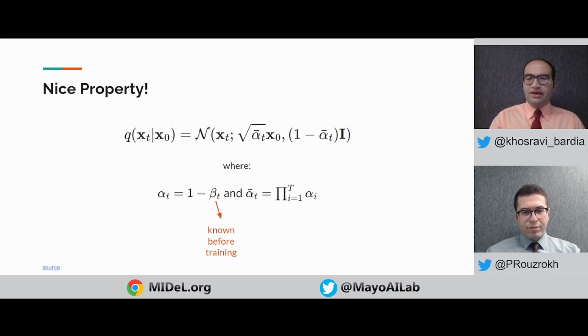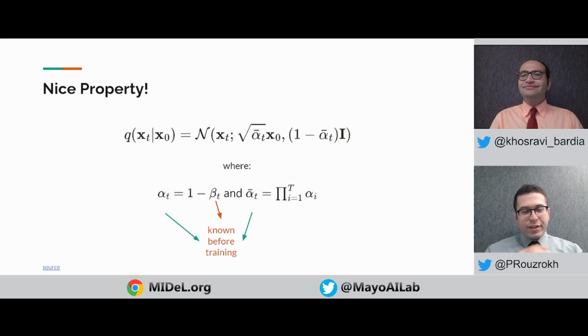So we have beta at the beginning of the training, we derive alpha from it, and alpha hat, and then we can create that image at step t. This is just some calculations. I don't want to imply that this is very easy to do, but it's doable. And it's very convenient.